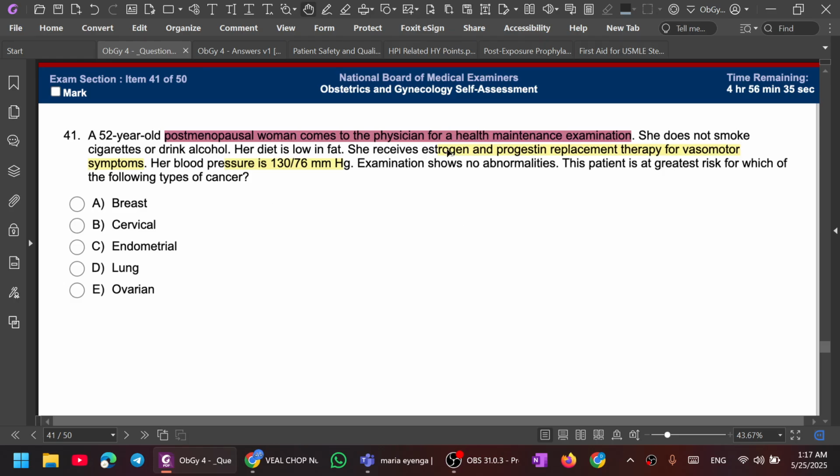Yeah. She receives ERPR, estrogen progesterone replacement therapy. If it was just estrogen, we'd have an idea, but she's also having progesterone. So, I don't know.